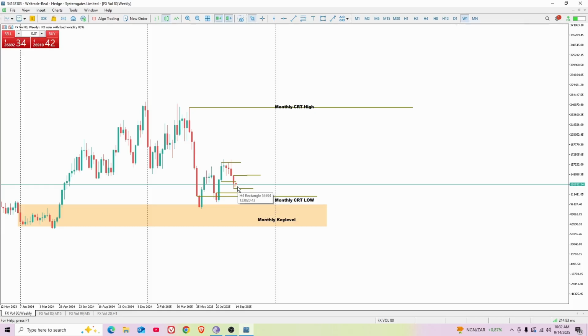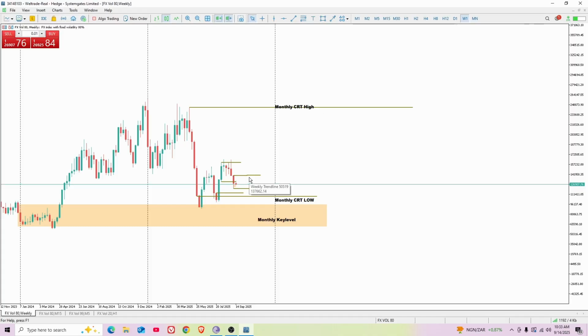What I'm expecting, what will be beautiful and give me a very powerful insight, is that the market this week can take out this low, tap into a key level, come back and close inside that CRT candle, and then the following week, which we are going to get into next week, can move smoothly higher without any manipulation, and then take out that high.